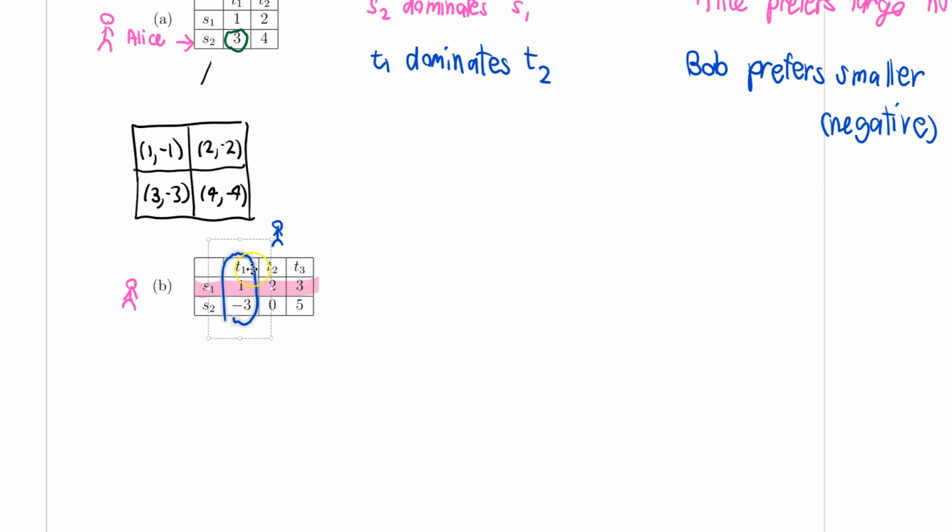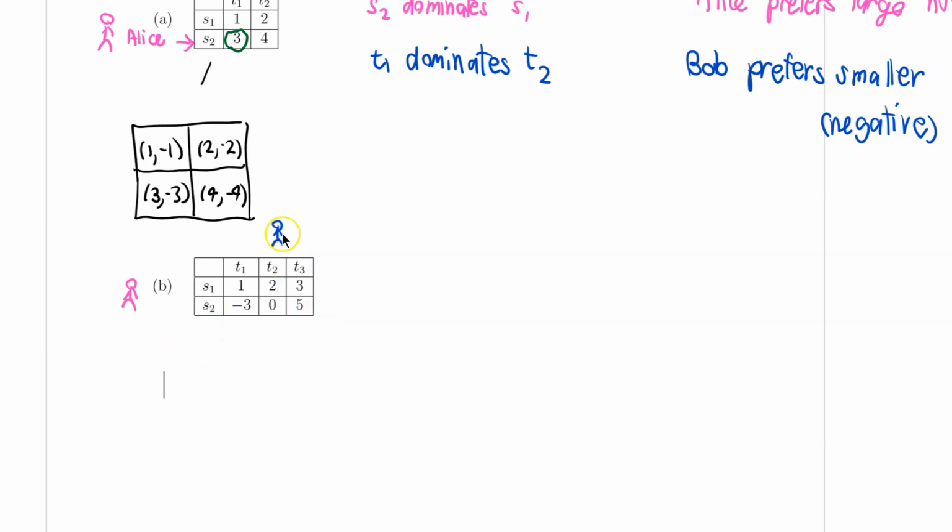But if Bob chooses T2, then Alice should also choose the top row. Getting $2 is better than getting nothing. But if Bob chooses the third column, then this time Alice should play S2 because getting $5 is better than getting $3. So for now, we can't really decide what she should choose because it depends on what Bob does. Sometimes she should choose the top row, sometimes the bottom row. So for Alice at the moment, we can't really say what she's going to do.